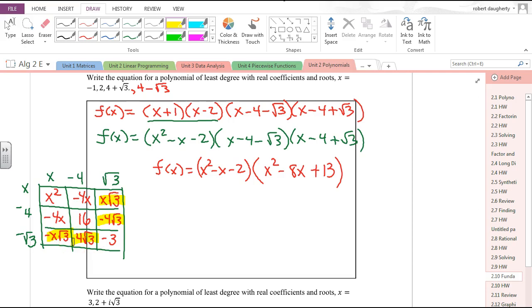Now what do I have to do? I got to multiply these two things together. So this is x squared minus x minus 2, x squared minus 8x plus 13.